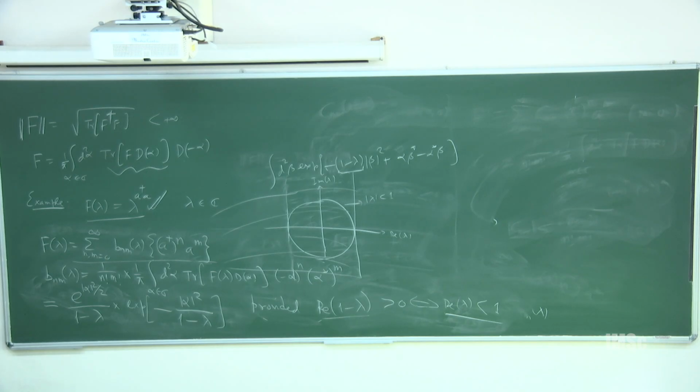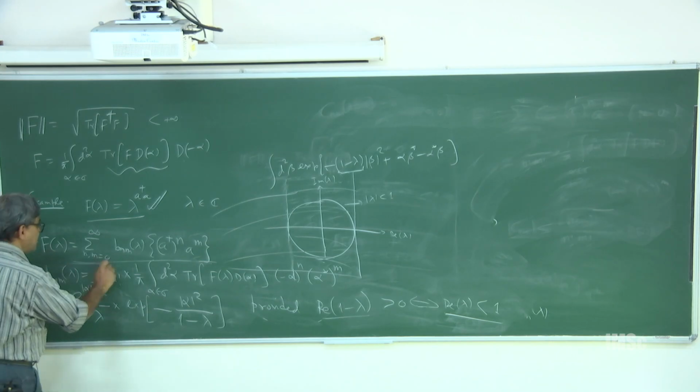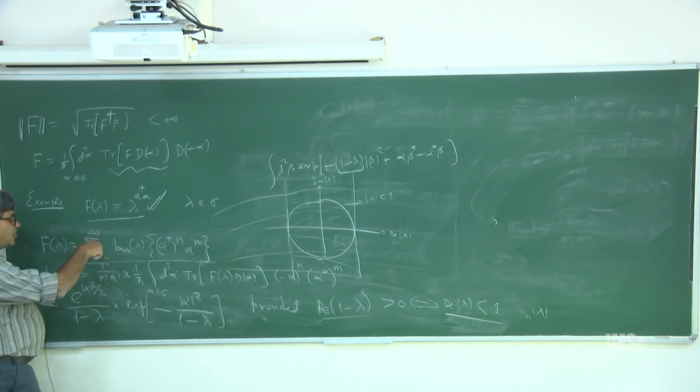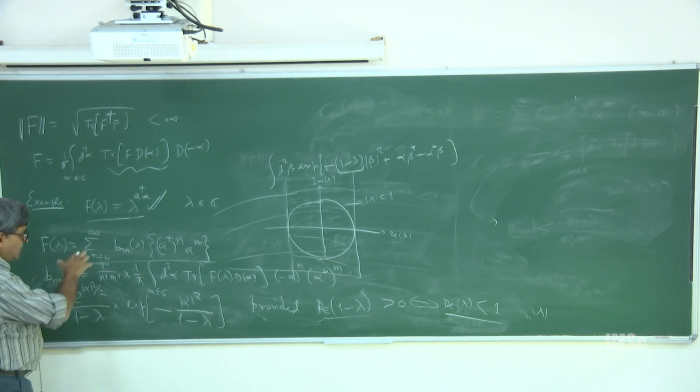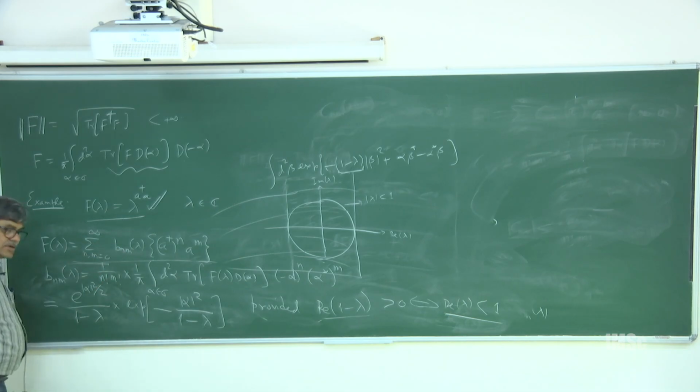If this exists for symmetric ordering, of course it will exist for normal ordering. This is why this is quite an interesting example, that even if it is unbounded, still you can have such expressions, the symmetric ordering and normal ordering. Okay, good.